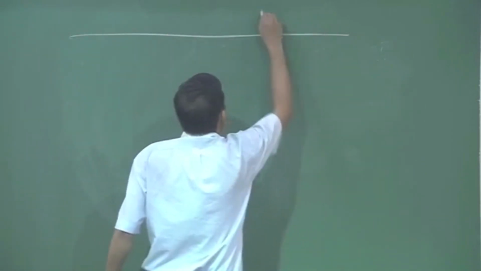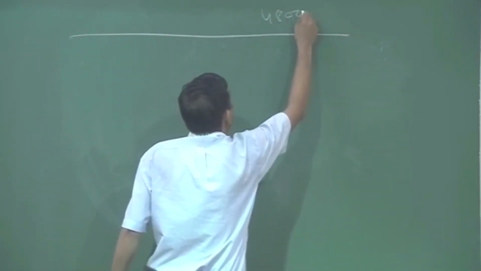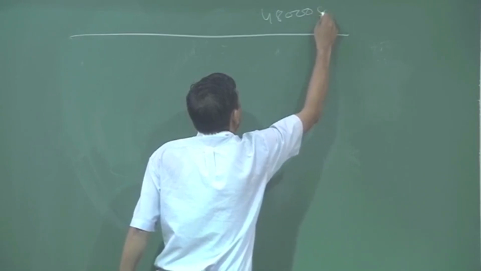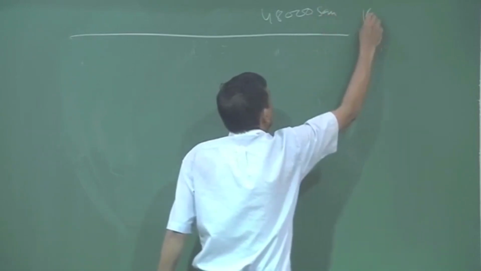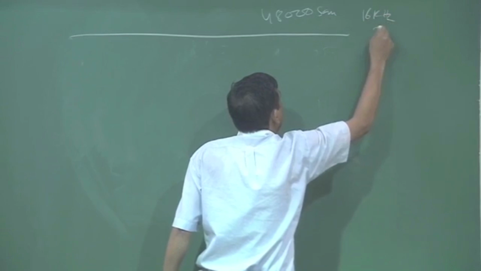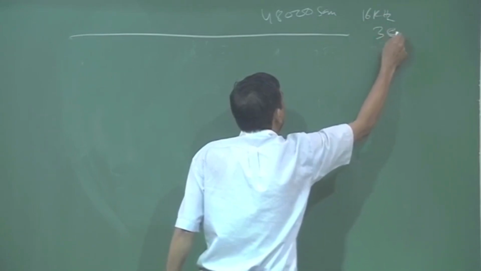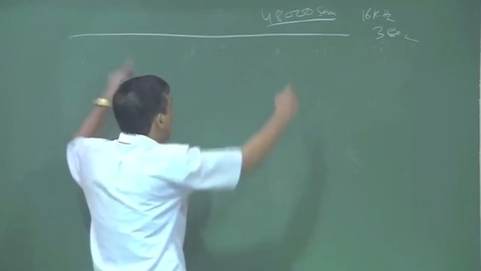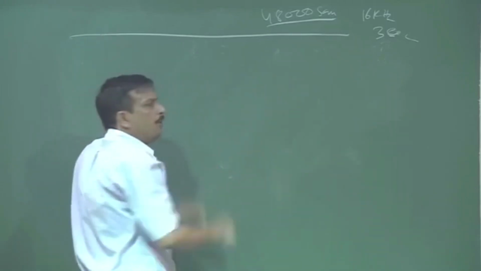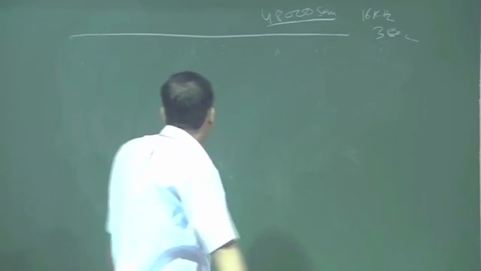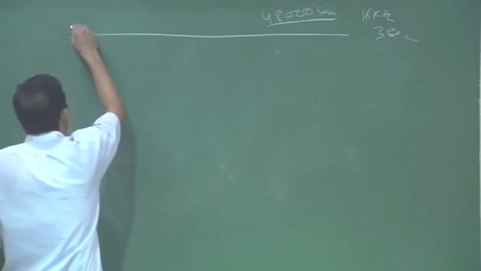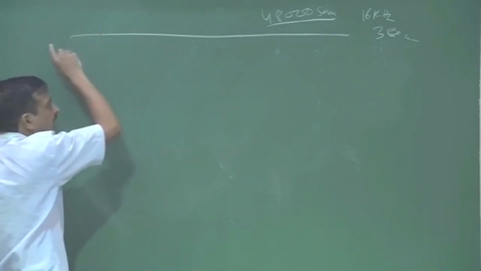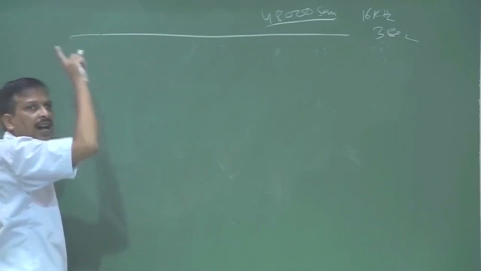Suppose I have a long speech signal, this is 48000 samples, which is a 16 kilohertz sampling rate and a 3-second signal. So I have that number of samples. We have not taken all samples at a time to do the frequency analysis. What I will do, we will divide this signal with a frame rate and window length.